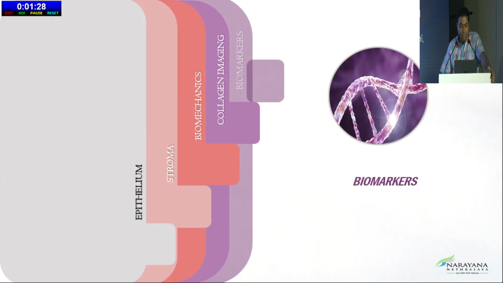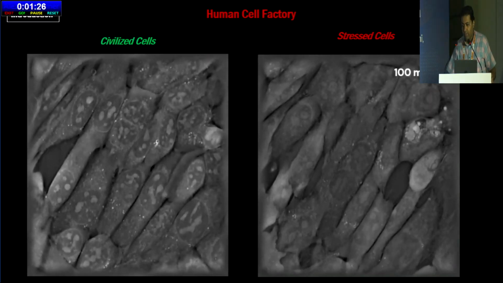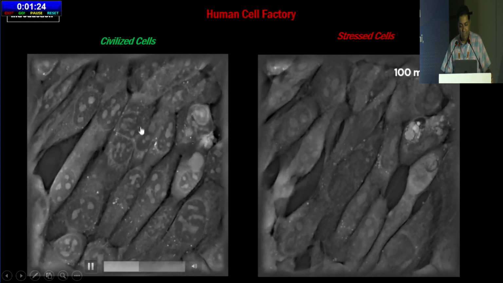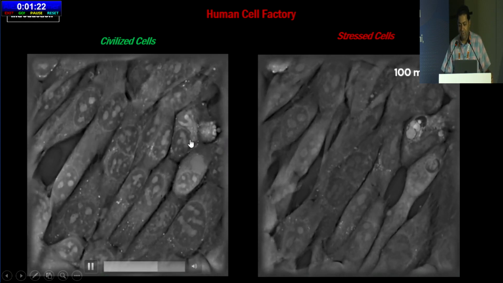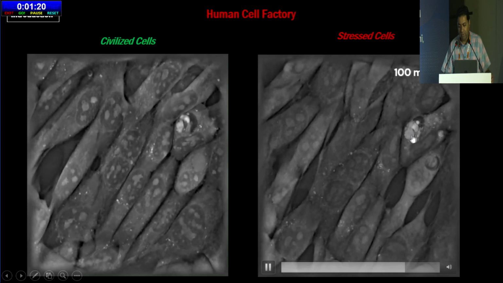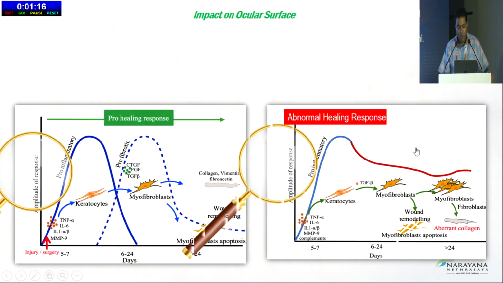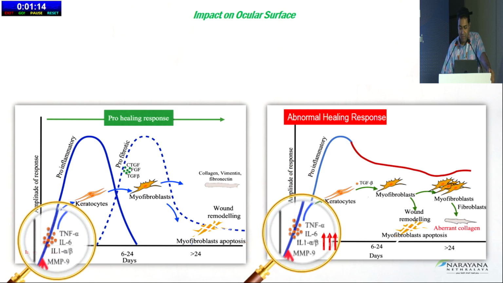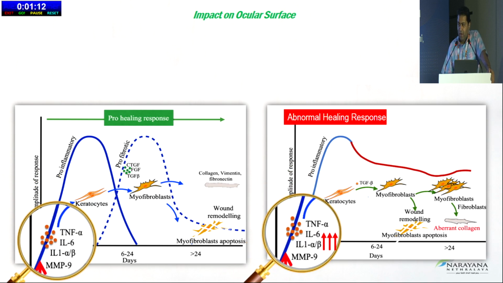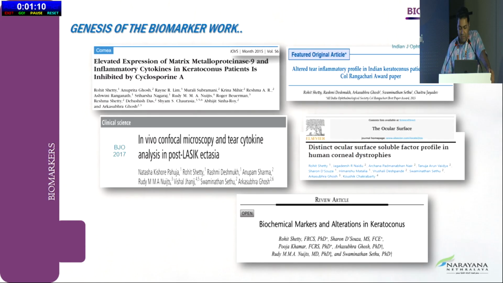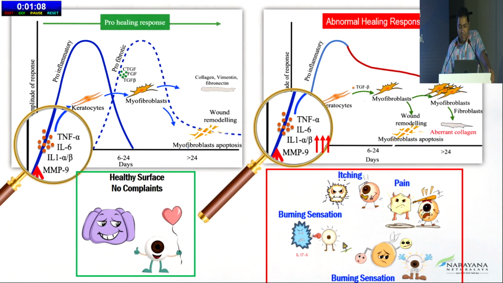The biomarkers have a very important role because when you look at these kinds of cells, the cells which are functional and cells which are stressed, which don't function as they should, secrete a lot of cytokines, and many of these cytokines are the ones which drive the diseases. These things need to be looked at and evaluated.